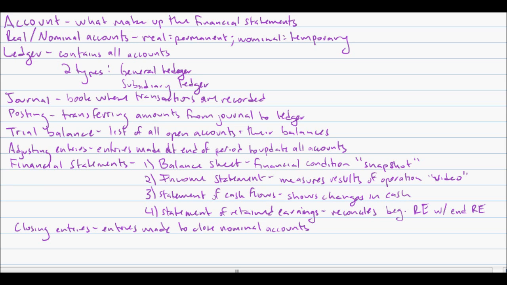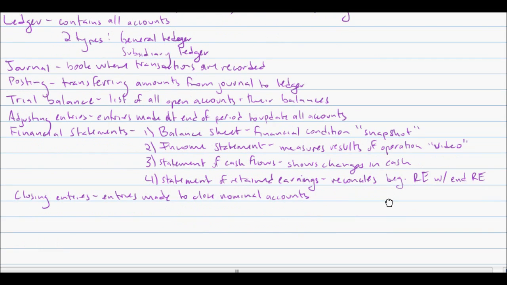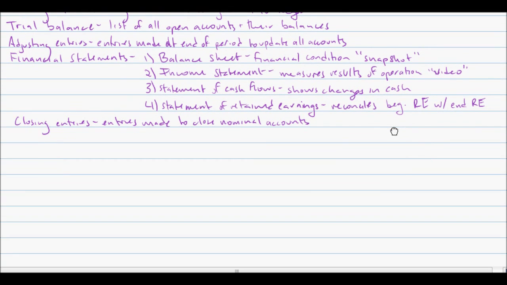Okay, so now that we have defined all those terms, let's go ahead and talk about the accounting equation. Accounting uses a double entry system, and what that means is that at least two accounts are affected by each transaction.